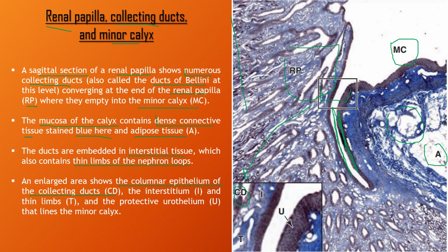The interstitium, as you can see, this is the interstitium, and the thin limb. This is the thin limb of the nephron loop, and the protective urothelium that lines the minor calyx. This is the protective urothelium layer.